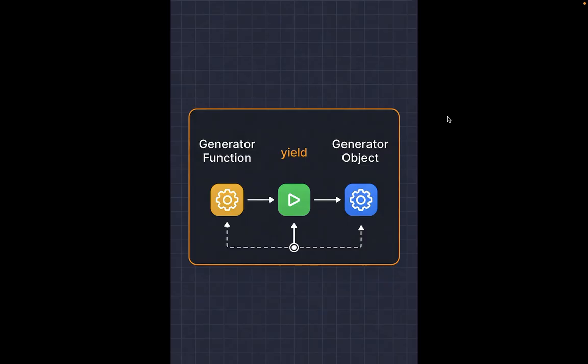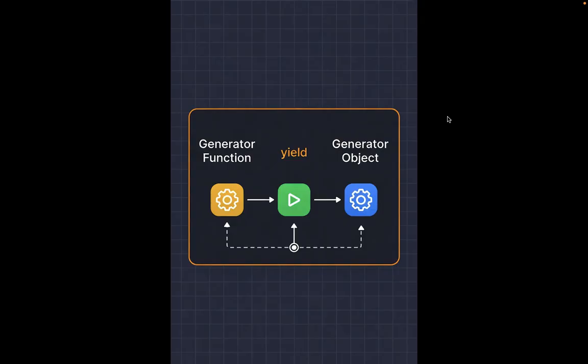But unlike a normal function which executes and returns a value at a time, a generator function can return a sequence of multiple values by pausing and resuming execution each time the generator is used.